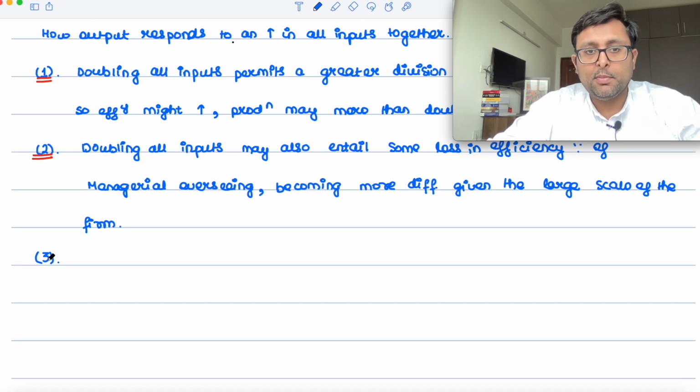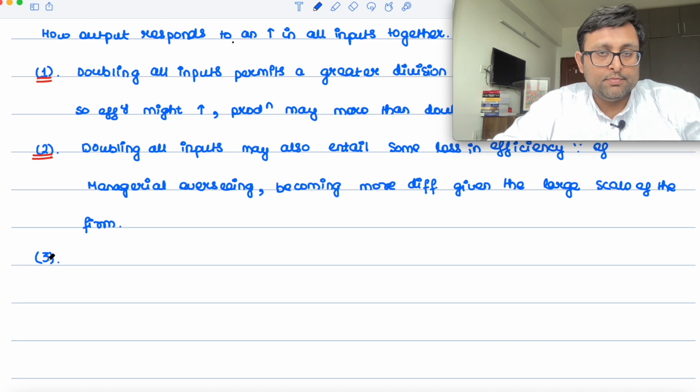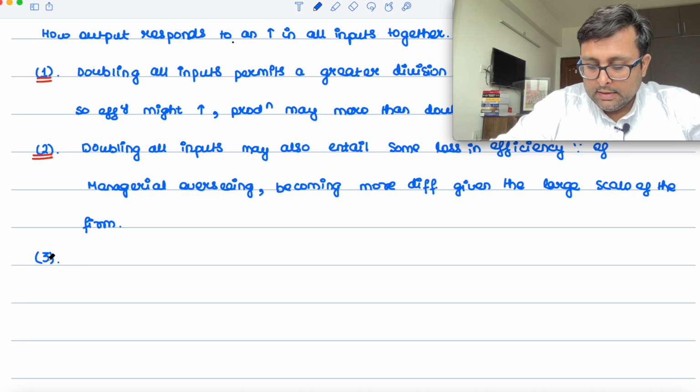Every plant will have the same amount of inputs and produce the same amount of output. So it can increase or decrease the input, and that will result in increasing and decreasing the output in a similar manner. So the firm can double the output by doubling the number of plants it is operating.